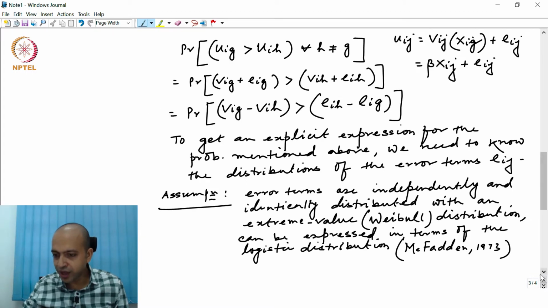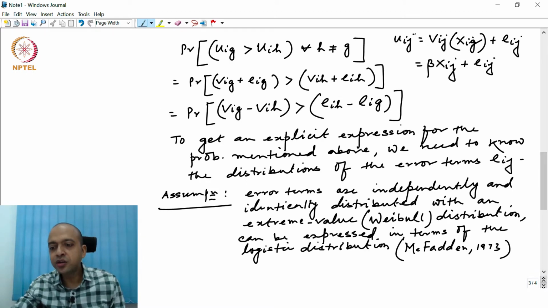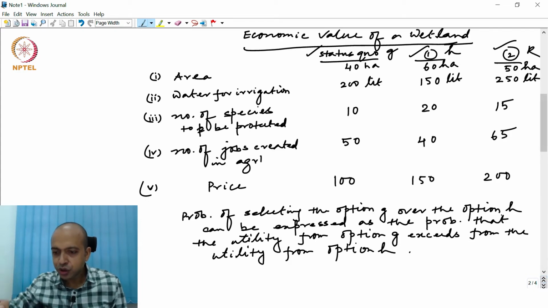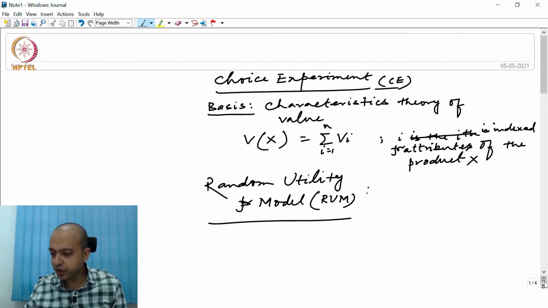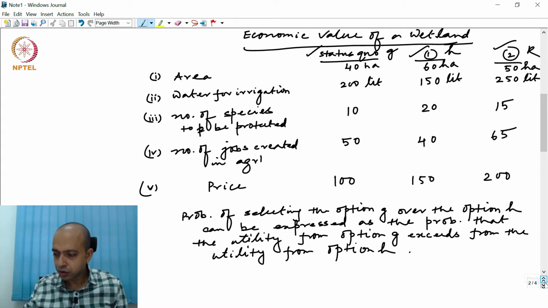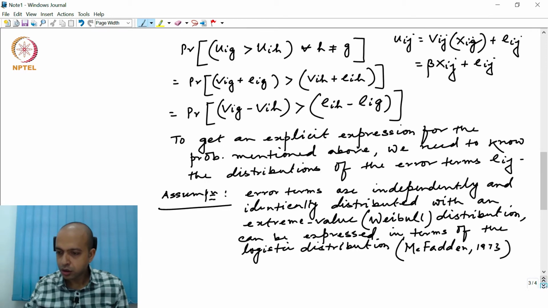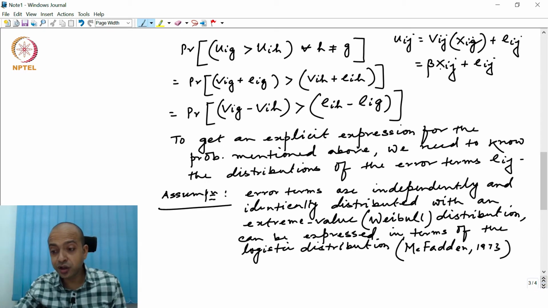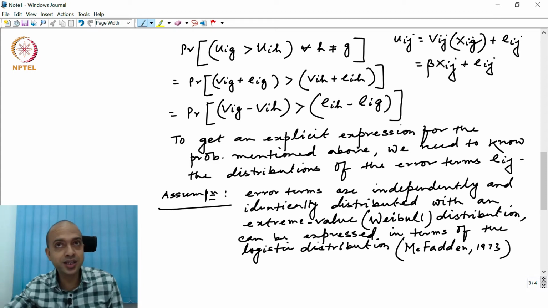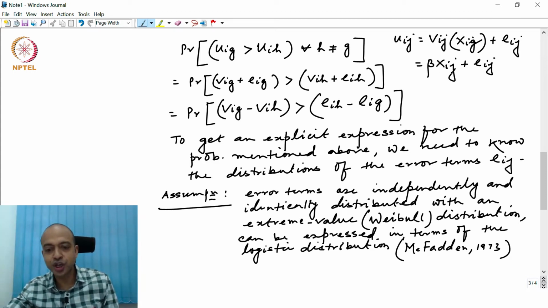See here, if you go back and see, the utility Uij is defined as beta xij, and in our scenario, these are the different attributes, and this is the price, that means money. So when we estimate the model, since utility is linearly expressed as beta xij, where x are different attributes, we will get beta 1 xi1, beta 2 xi2, like that.